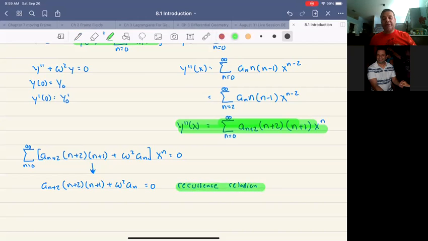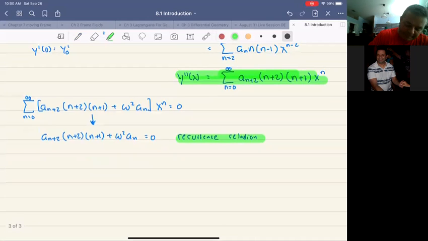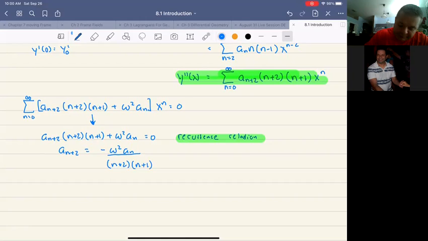Okay, so that's our recurrence relation. Now we want to get a sub n plus 2 basically in terms of a sub n. So a sub n plus 2 equals negative omega squared a sub n, over n plus 2 times n plus 1. So this is our recurrence relation.